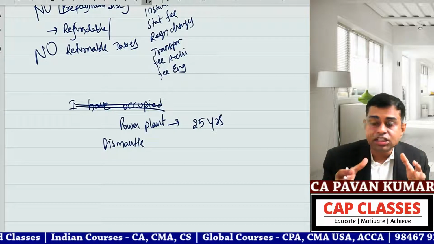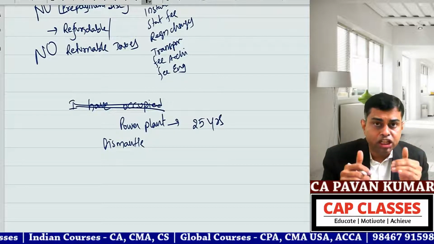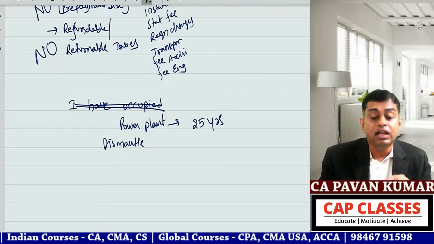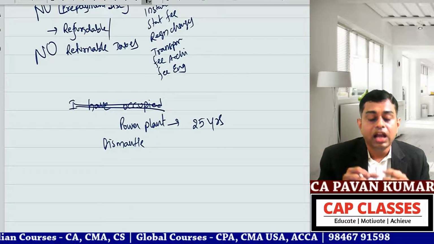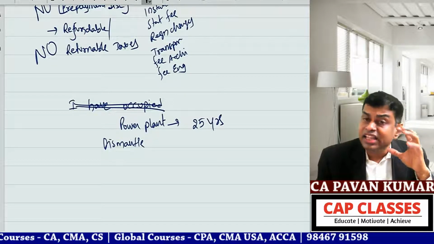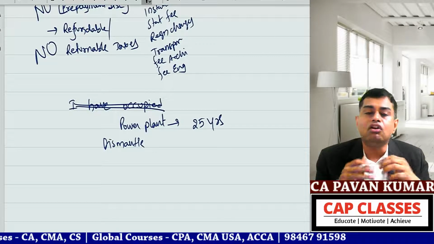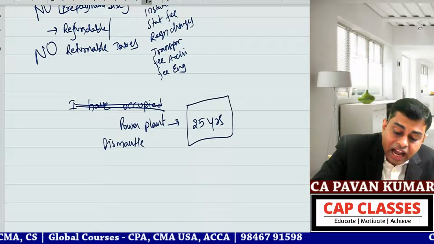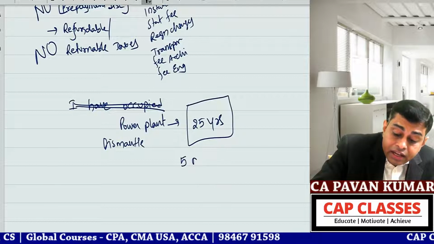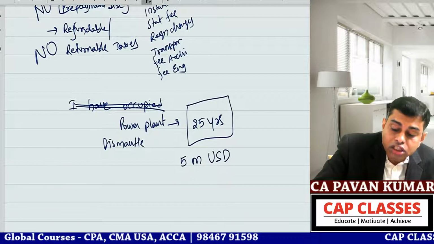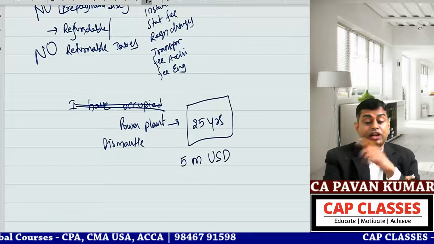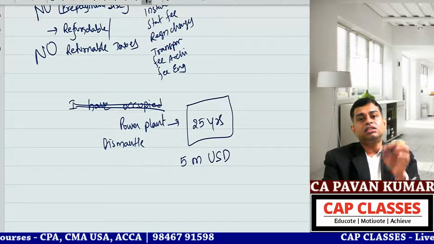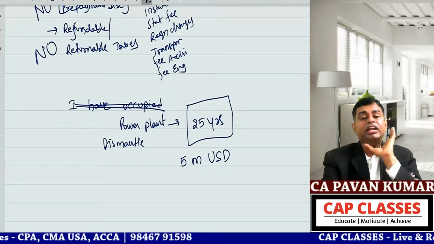So I have some construction which I need to demolish, dismantle, decommission, and then I need to give the asset in the same old condition to the owner or to the government. So after 25 years, I know that I will be incurring $5 million cost. After 25 years, I have to dismantle this, and the estimated cost is $5 million.